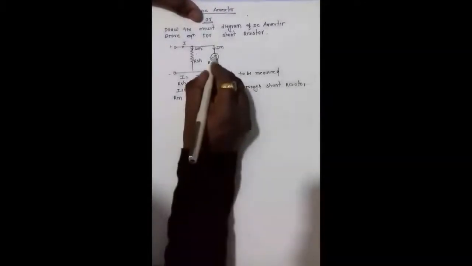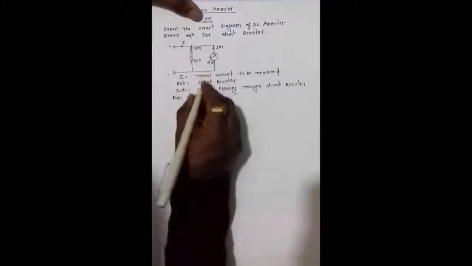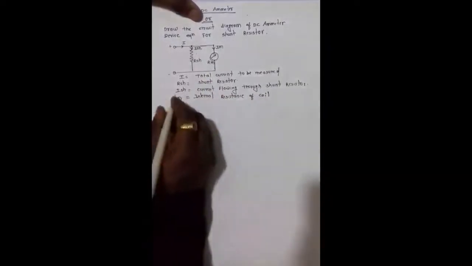This RM means the internal resistance of the coil inside the meter.